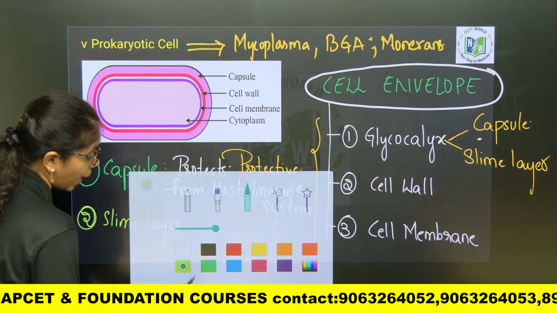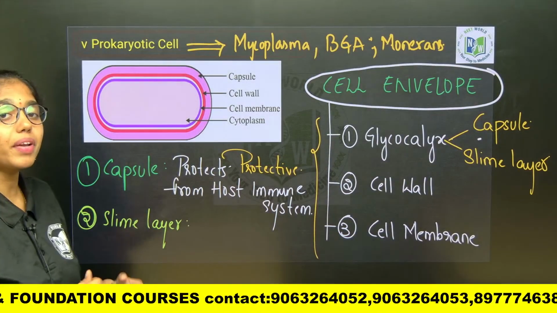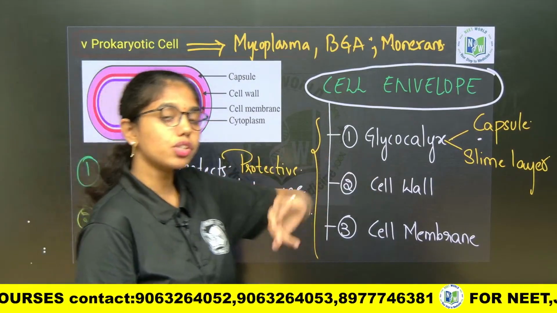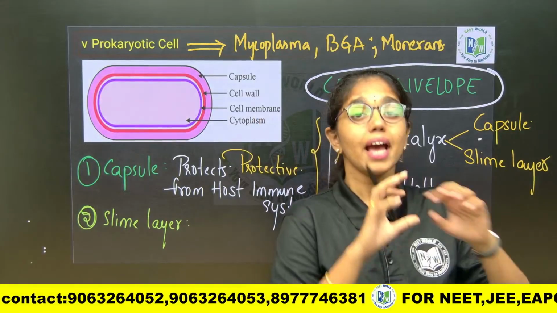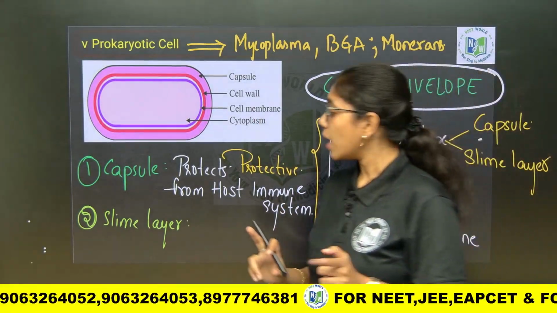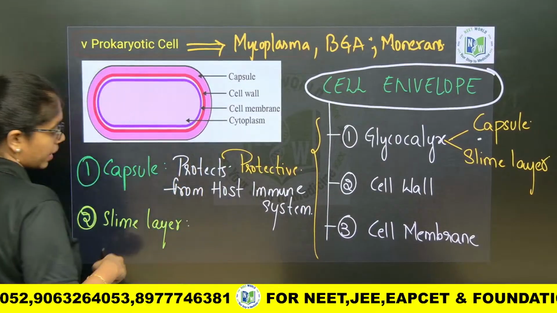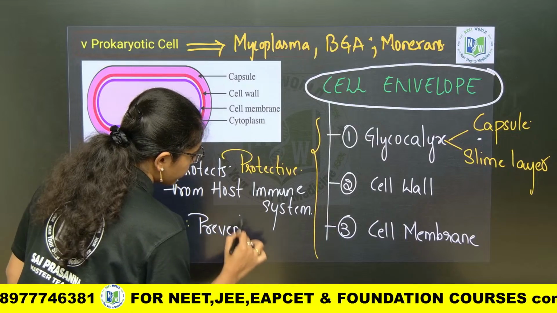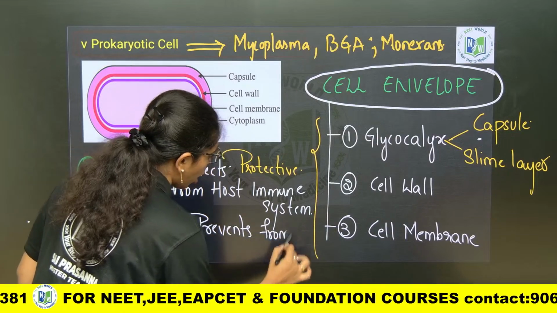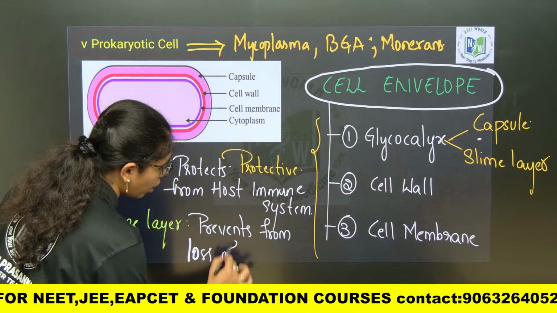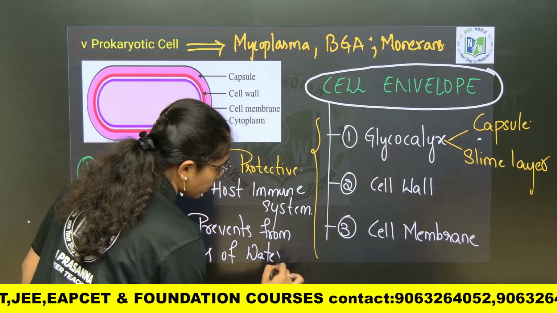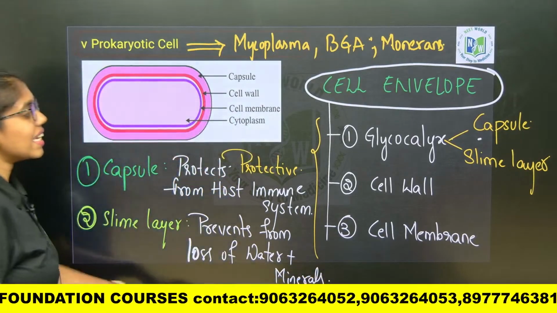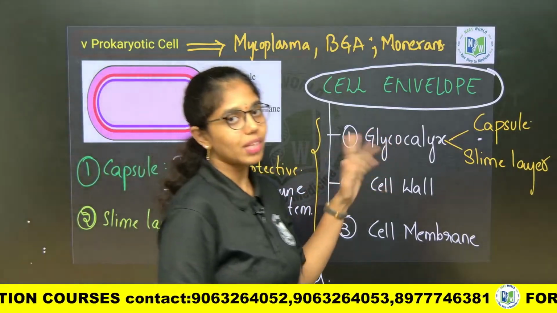If the slime layer is the outermost layer, then this will prevent the bacteria from dehydration, or you can say it prevents loss of water and minerals. Clear beta? So this is about the outermost layer of the cell envelope.